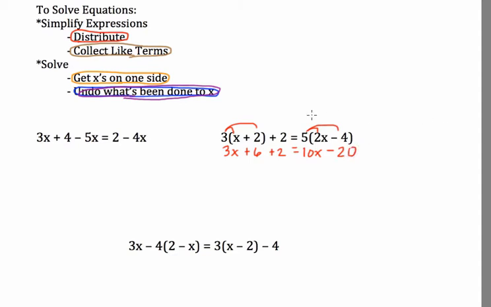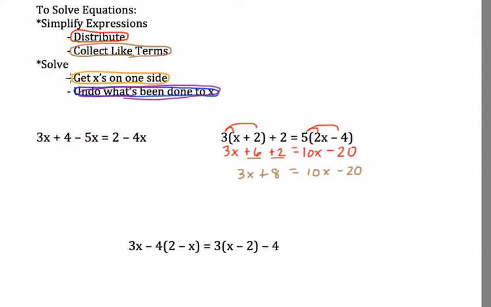Next, collect like terms. Remember, I'm only collecting like terms on one side of the equal sign or the other. So this side, I have 3x plus 8. And on this side, there are no like terms, so I'll just leave it, 10x minus 20.